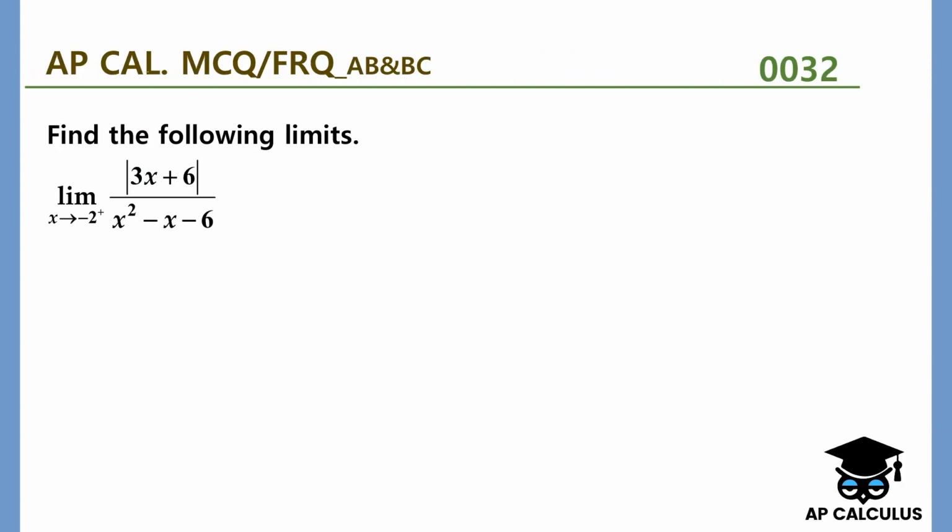Question 32. We have the limit as x approaches negative 2 from the right-hand side of the absolute value of 3x plus 6 over x squared minus x minus 6.